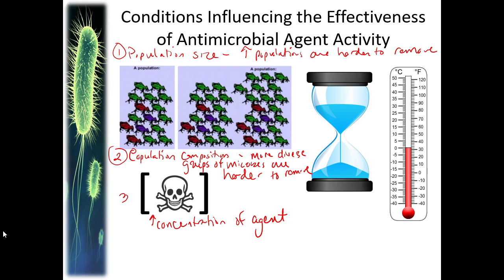High, exactly. So typically, higher concentrations of agents are more effective. It works better to reduce the number of microbes. Again, you know this, you've just not thought about it. Okay.